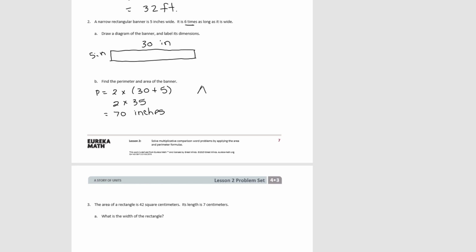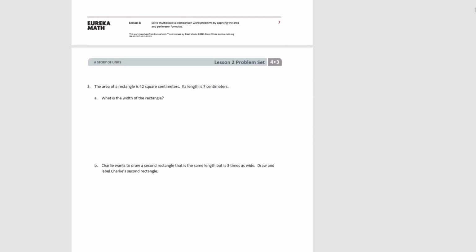For the area, we have length times width. So the area would be 30 times 5, which would be 150, and we always do it in square units, so it would be square inches. Okay, pause the video and try number 3.